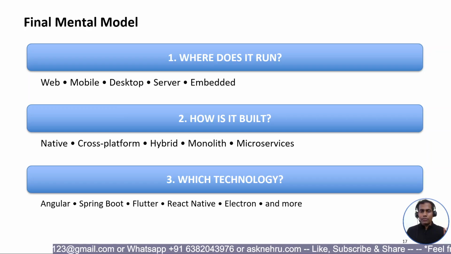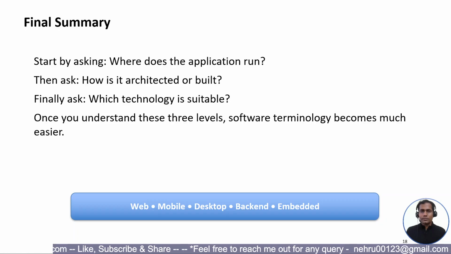Final formula I tell you, WHW: where, how, which. Okay, where does it run? How is it built? And which technology has it used? Okay, so how many types of software applications are there? There is no single fixed number because software can be classified in different ways.